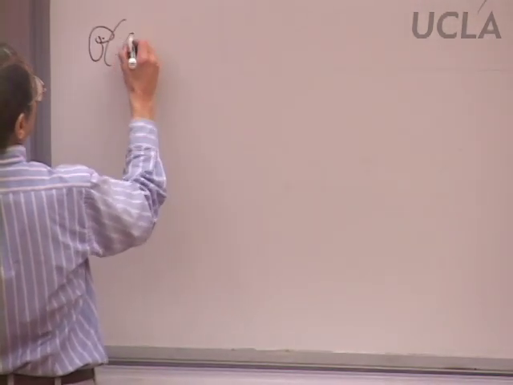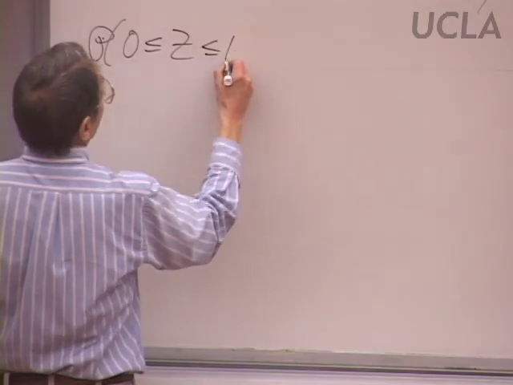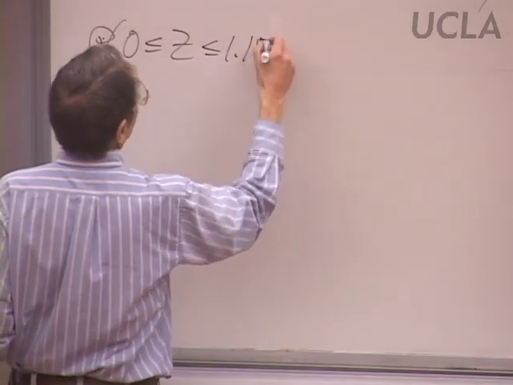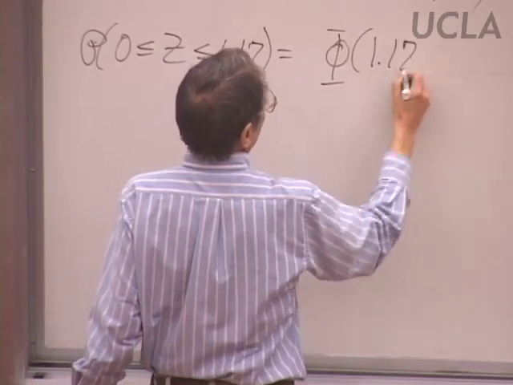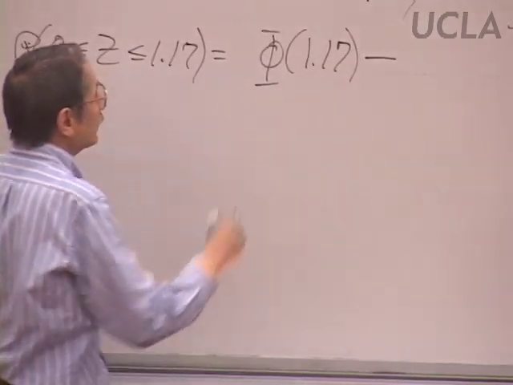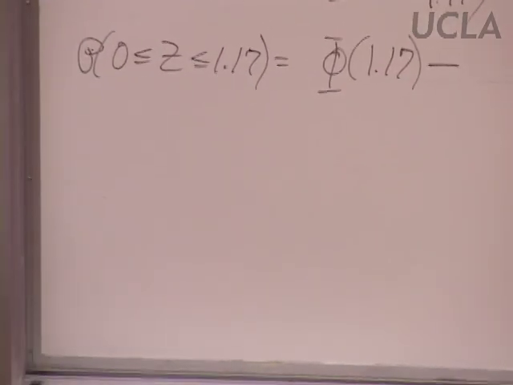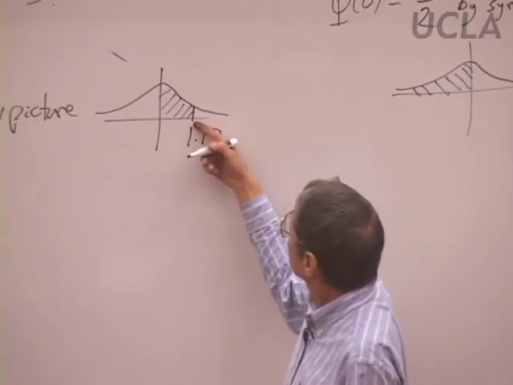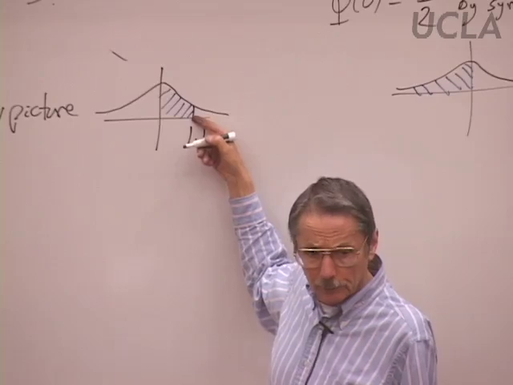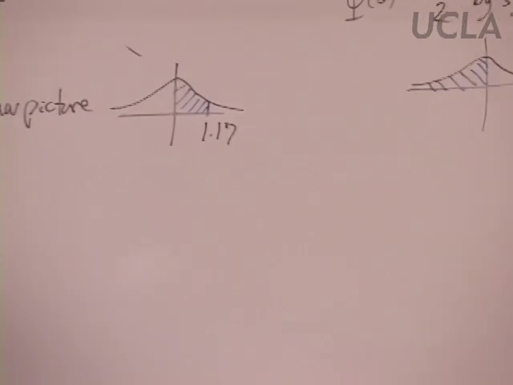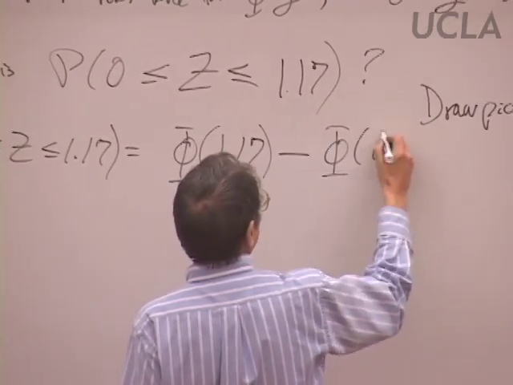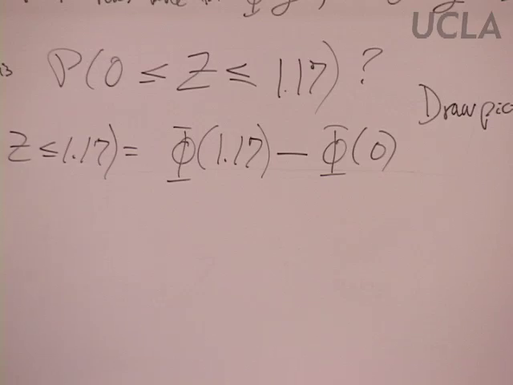So what we want, well, part of what we want is the cumulative distribution at 1.17. That's more than what we want. That's the area from 1.17 all the way down to minus infinity. So we want to subtract off the left half of that, phi of 0.